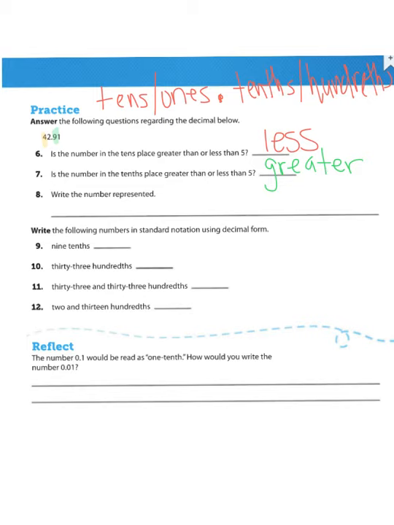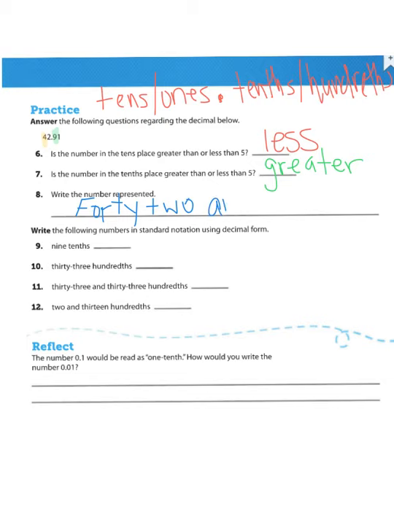All right, now it wants us to write the number represented. So again, this is 42.91. So instead of saying point, I can use the word and. So let's start at the beginning. This would be 42, and then I have my decimal.